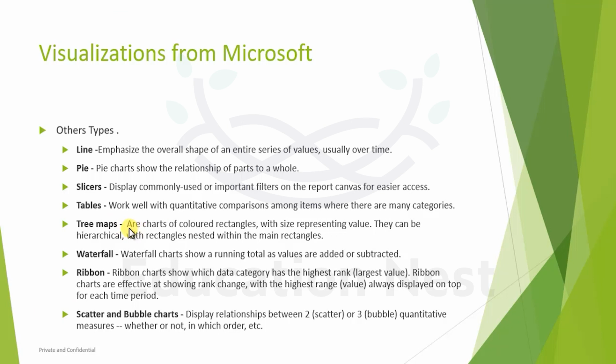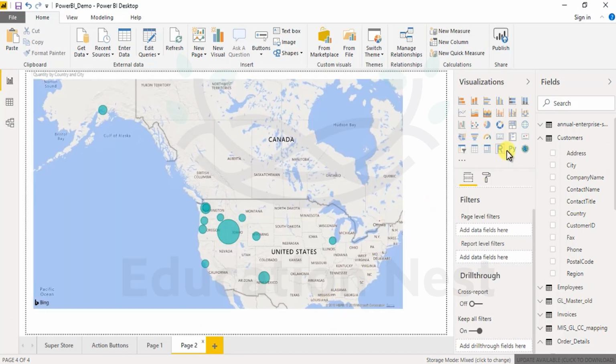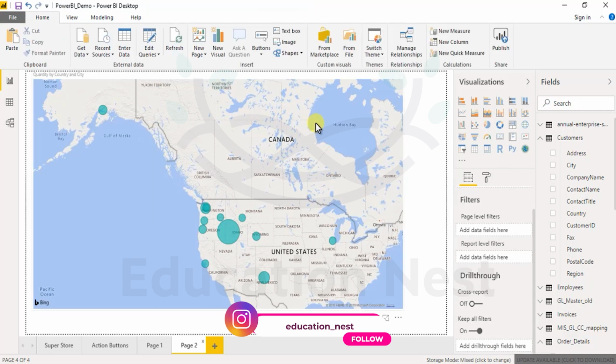Coming back to where we are. Tree maps. Tree maps are charts of colored rectangles with size representing the value. They can be hierarchical, with rectangles nested within the main rectangles. Let's have a look and experiment how these tree maps work. Let's convert this into a tree map if we have one. This filled map and the other map can be interchangeably used as well.